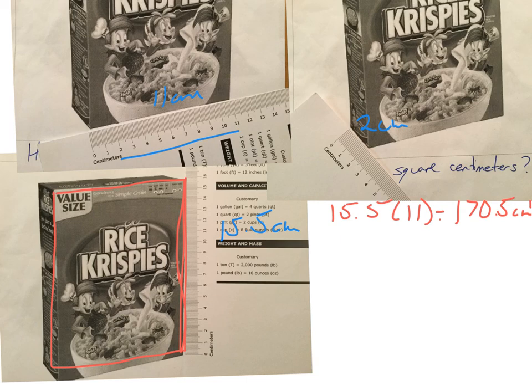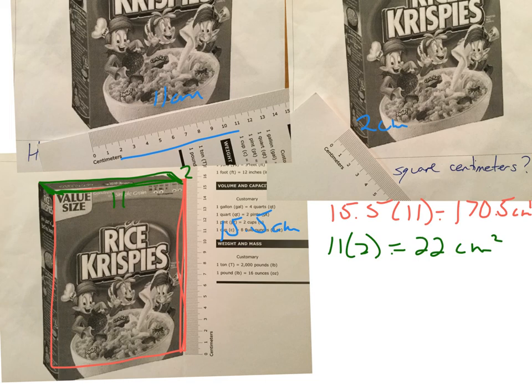If you use the top and bottom, so you are using the different figure of the top and bottom as your base. So you're using this lid over here. That is a 2. And of course, this measurement was 11. So that is 11 times 2 would get you an easy 22 square centimeters.